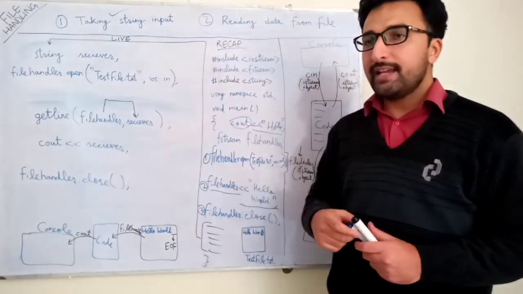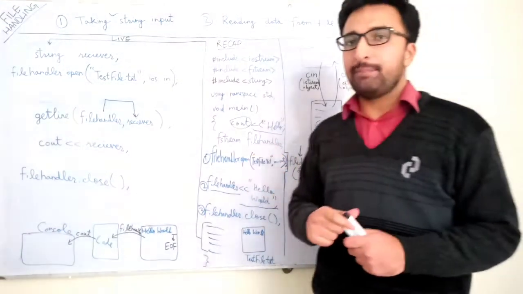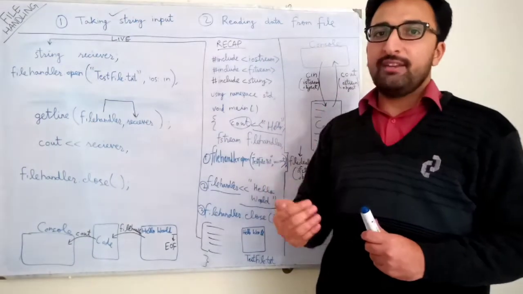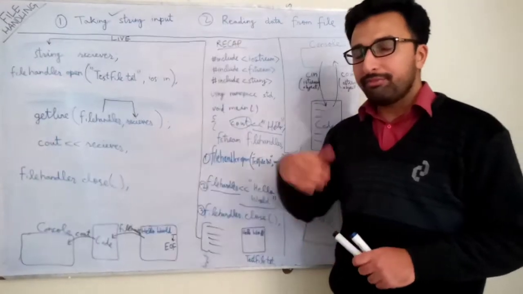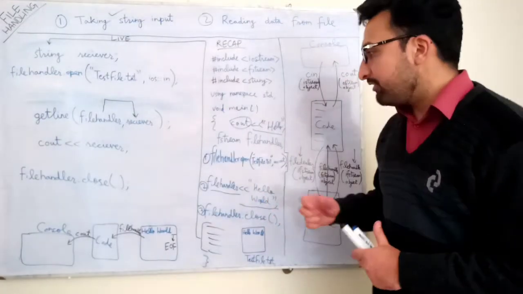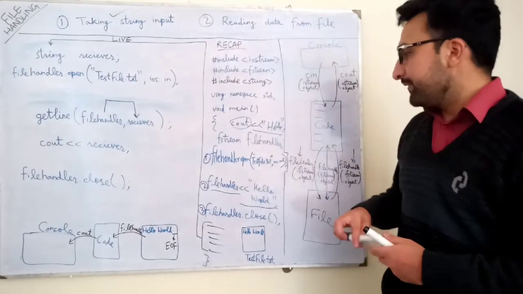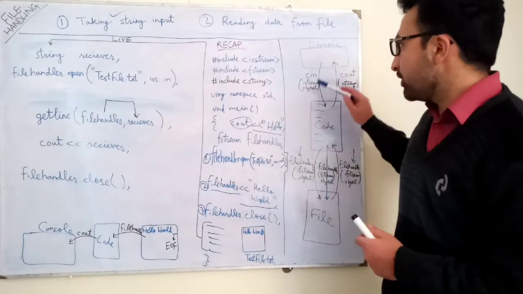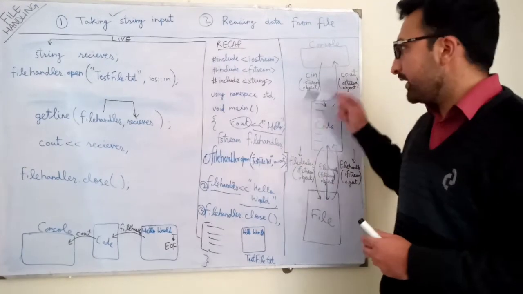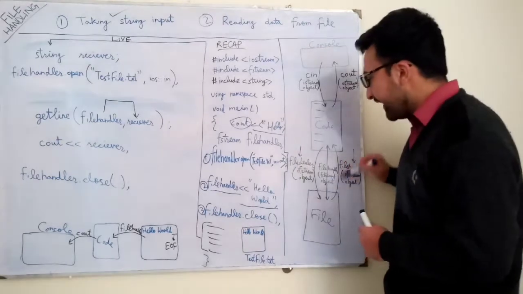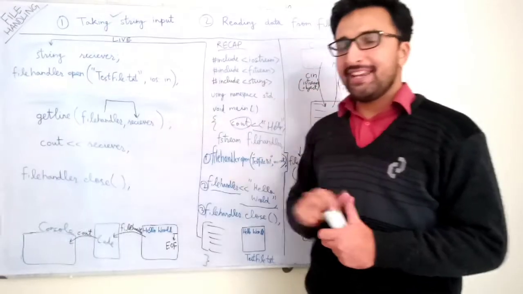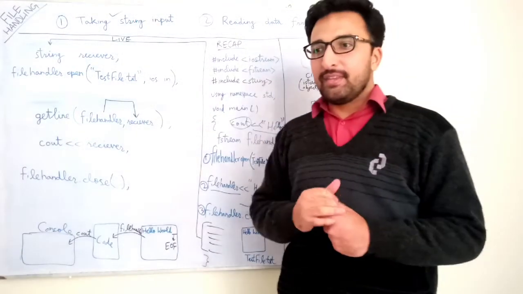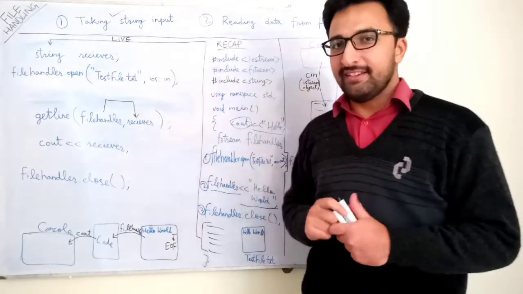Just like we saw an example of how we can take a string input from the console, we can take a string input from the file as well. However, there will be certain changes, like we cannot use cin directly. We have to use an object that can take input from the file into our code. So that is why we studied string input just now.